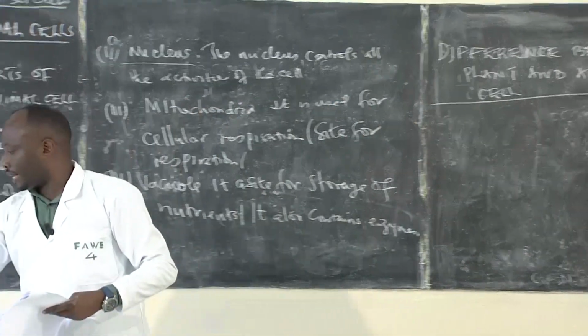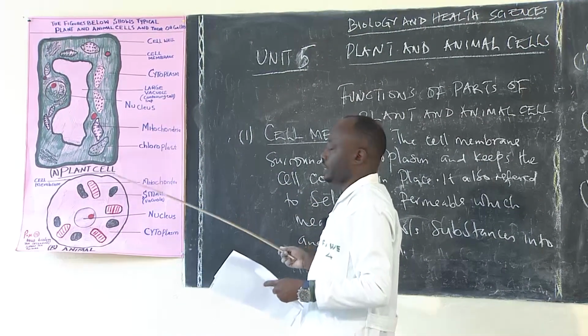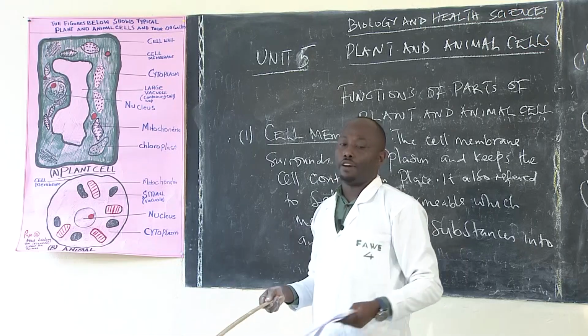As I can see on the diagram, we have something which is present in one cell and absent in the other. And you also have to know their function.